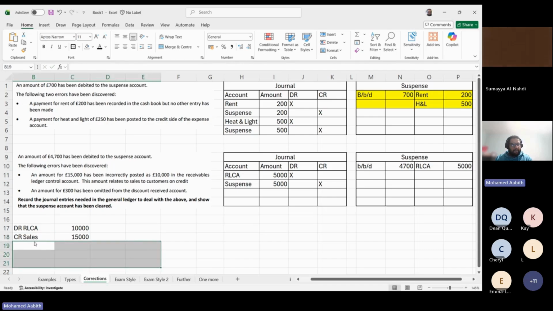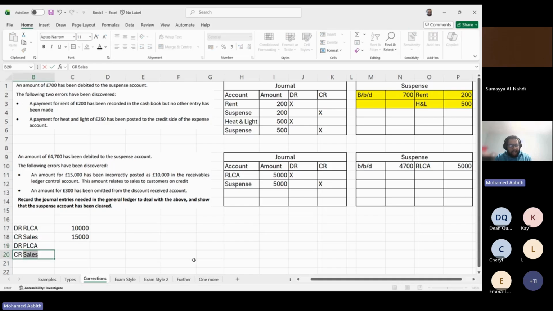So when I have a discount received, PLCA will be a debit entry and credit discount received. So this is the amount it should have been, £300 and £300.